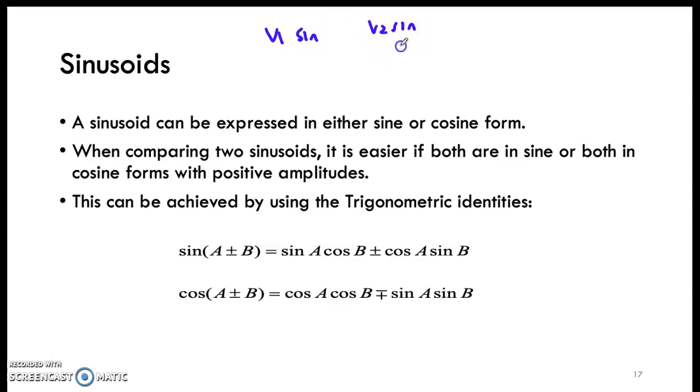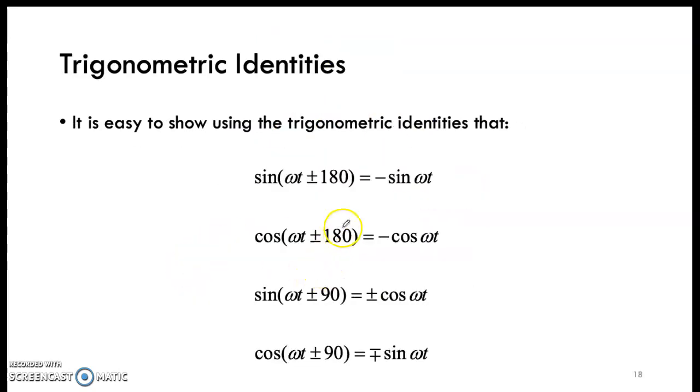If V2 is a cosine, you need to change it to sine. So you need to know how to change from sine to cosine, cos to minus cos, sine to cos, and cos to sine. There is a formula, but in electric circuits let's use the graphical approach.